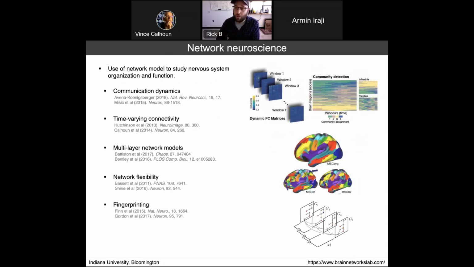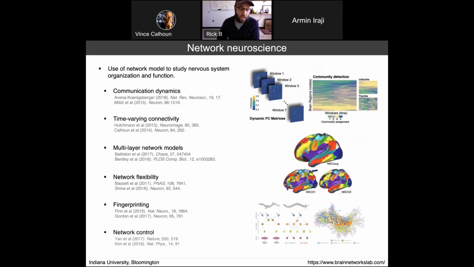There's interest in fingerprinting, so identifying connections, or regions whose connection profiles are distinguishable across individuals, and even kind of science fiction-y areas like network control. So how might we drive a system with exogenous input so as to push it into a particular brain state? And there's actually some nice empirical work suggesting that we can do these kinds of things.